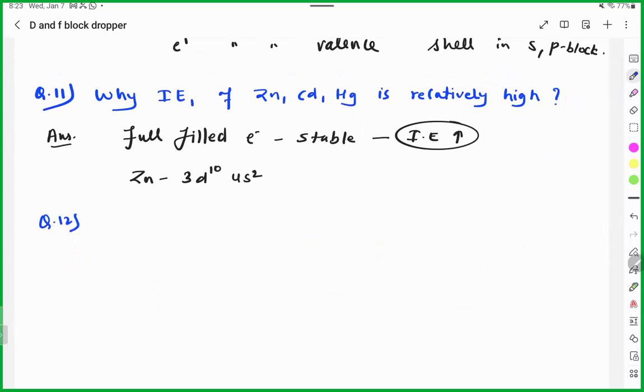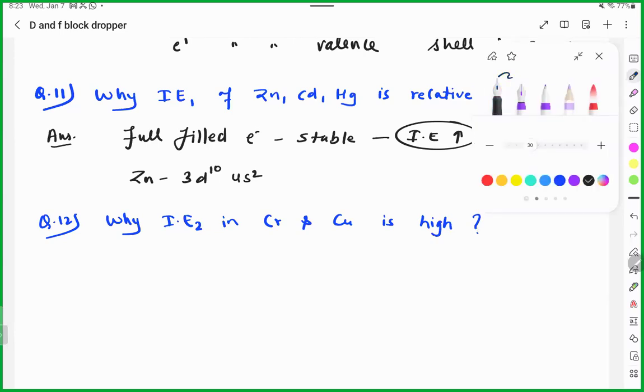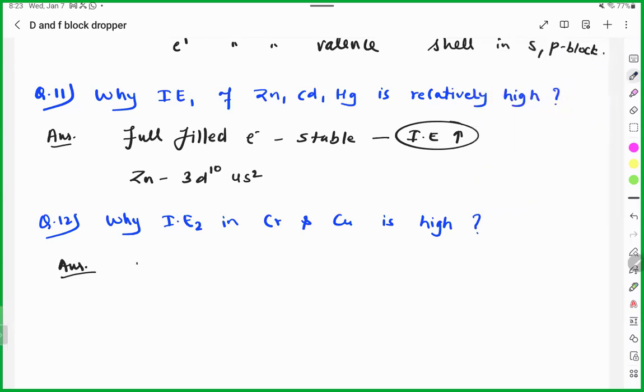Next. Why is the second ionization enthalpy in chromium and copper high? Sir, the first ionization enthalpy will be taken from 4s1. The second one will be from the stable d10 configuration. Yes. So whenever we talk about ionization enthalpy, always focus on the stability.